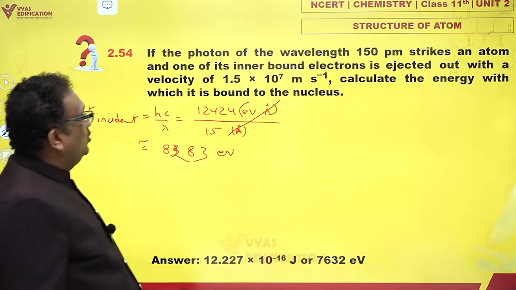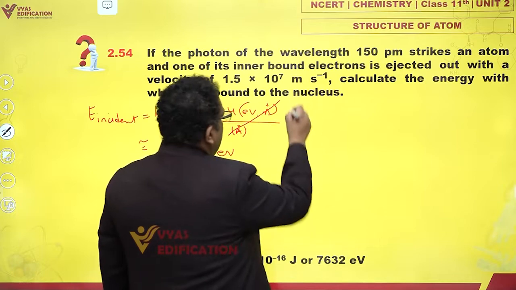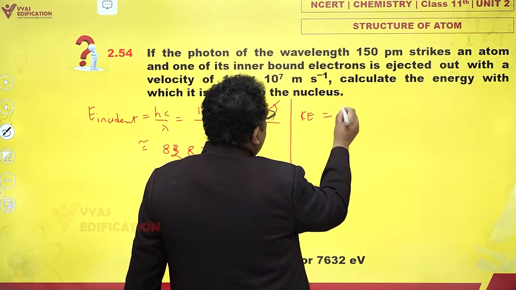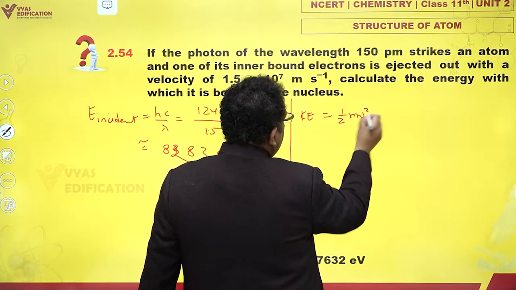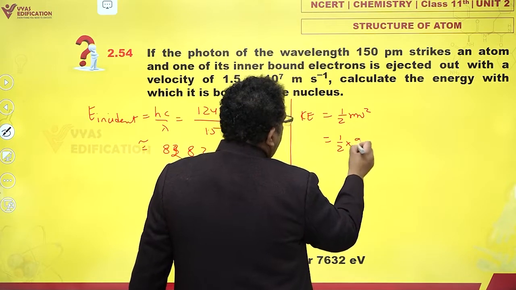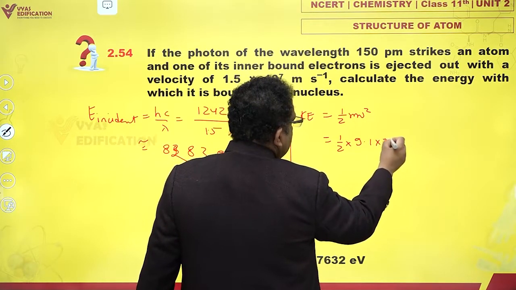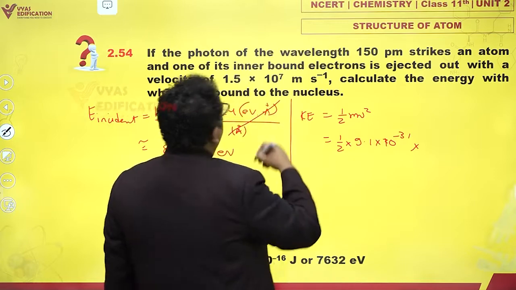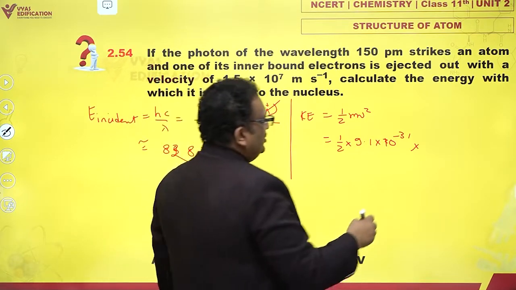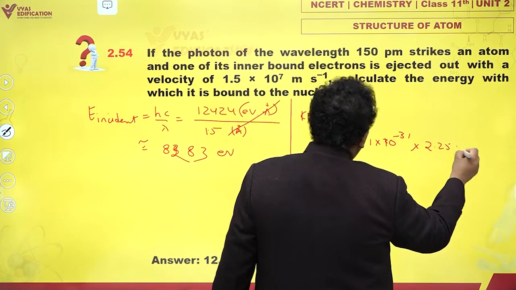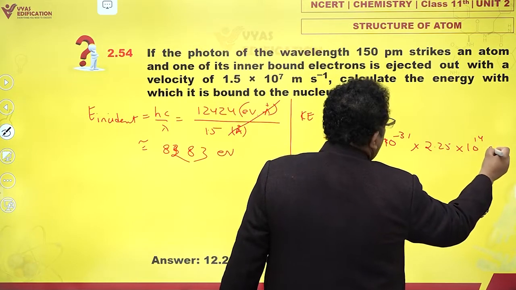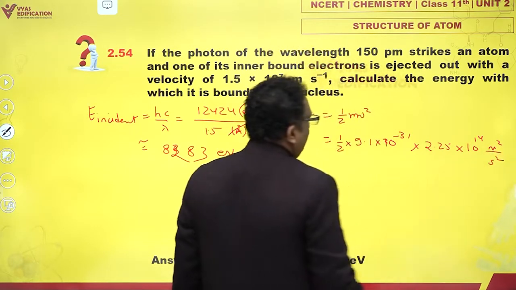Kinetic energy, yes, it goes out with this kinetic energy. How much is this? KE is half mv square, 9.1 into 10 raised to minus 31 kg into velocity. Let us square it. 1.5 square is 2.25 into 10 raised to 14 meter square per second square.